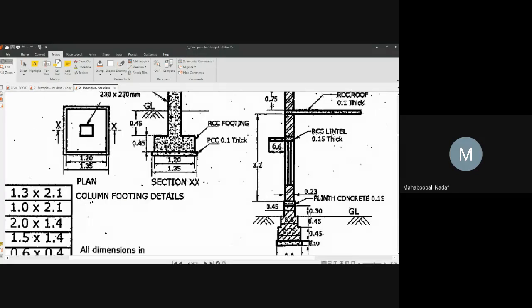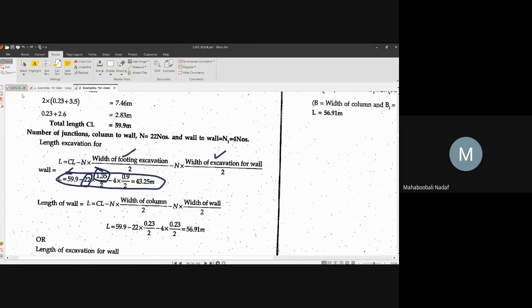What is that B? Width of excavation for column footing. That is why we have written 22 into 1.35 into 2. And wall to wall junctions are how many? 4. Yes or no? Yes, sir. How is this 0.9 there? Where is 0.9?